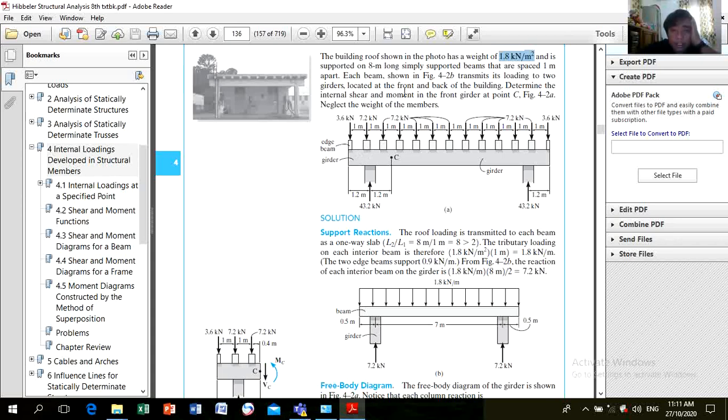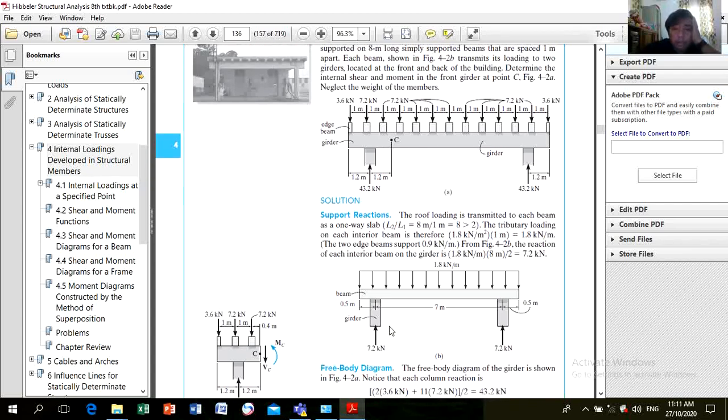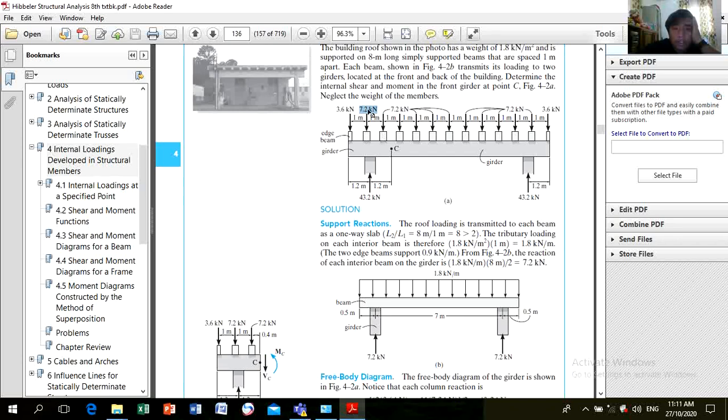There is another 7.2 here. This is the calculation of how we come up with the 7.2 kilonewtons.